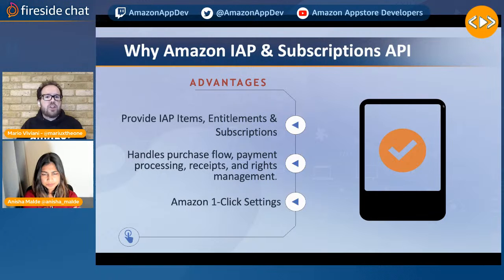That means they are literally one click away from making a purchase. And the API makes that experience very simple and straightforward for the customer. So it's about reducing that time to purchase, or time to commitment, that customers have when they engage with premium content.